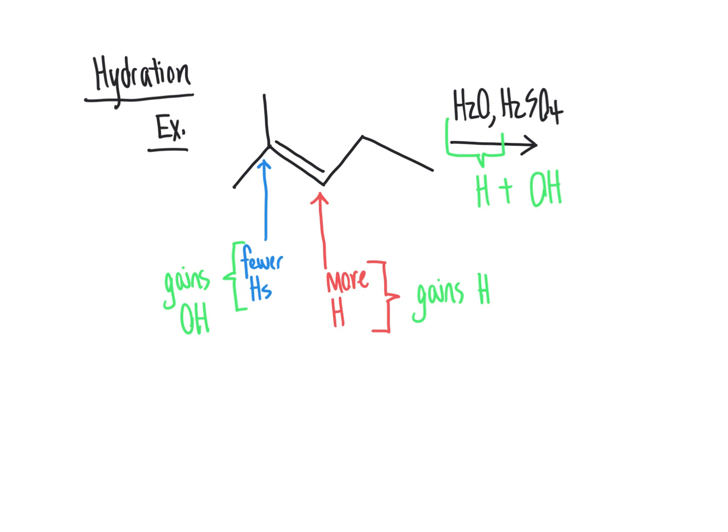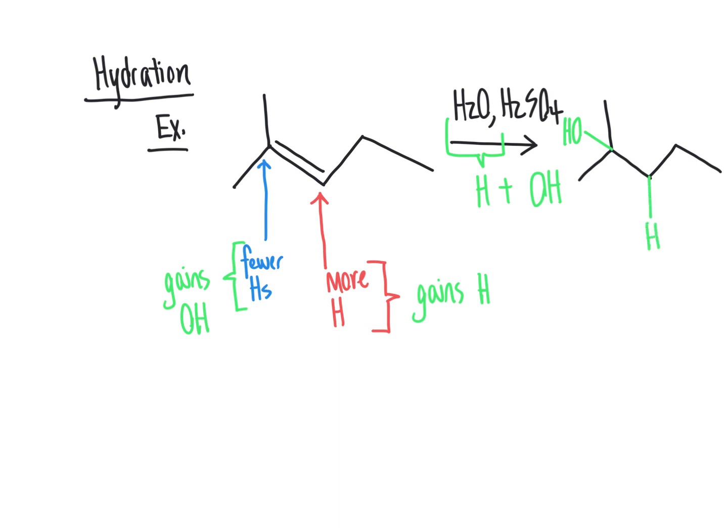And so drawing out the product that we would expect of this reaction, I'm drawing out the skeleton of the molecule the same as before in terms of the carbon atoms and how those are connected. So I drew out the basic skeleton of this molecule exactly like it was here, over here, and then keeping in mind where the double bond was, wherever the double bond was is where we're going to plug in OH. So the OH is bonded to this carbon, and the H is bonded right here.